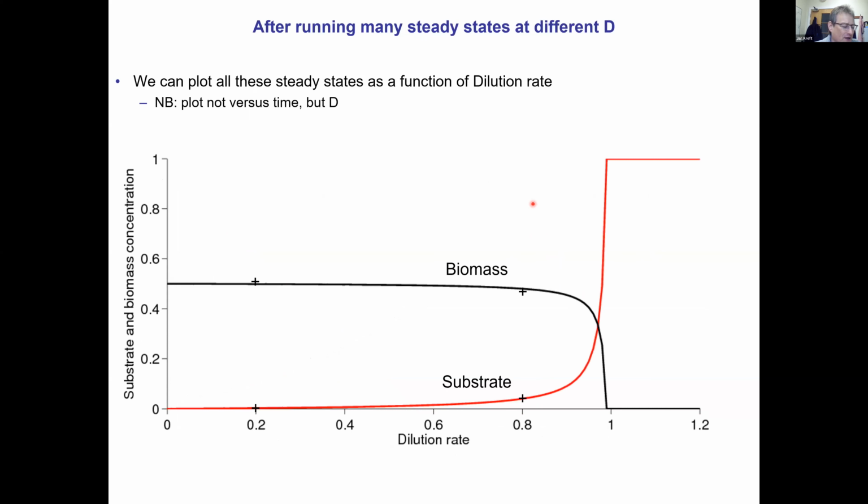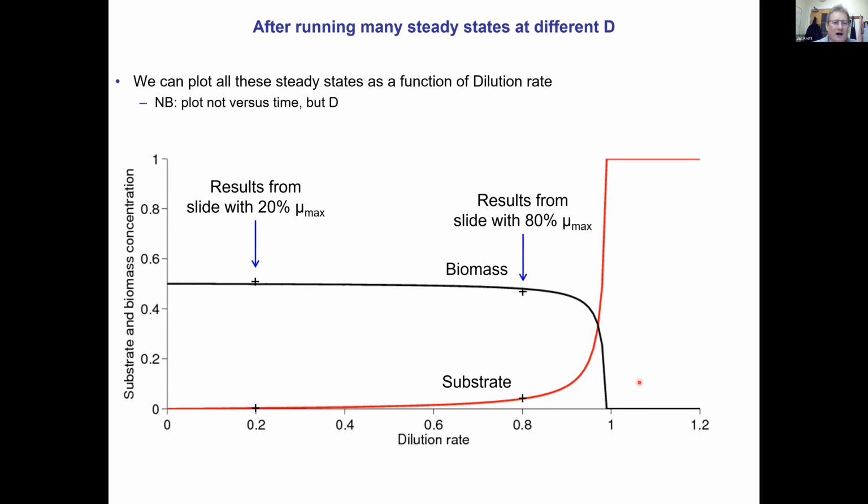And then you can plot the relationship of biomass and substrate concentration in the system at different dilution rates. Here, these two examples I've shown with 0.2 and 0.8. But you can do it for many different dilution rates and you get this relationship here. And if the dilution rate is too high, the bacteria are washed out because they can't grow fast enough to balance the rate of removal.